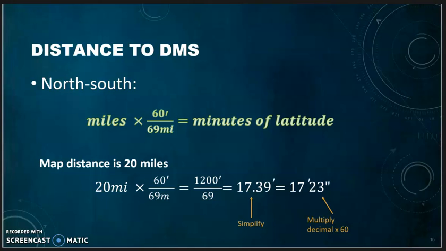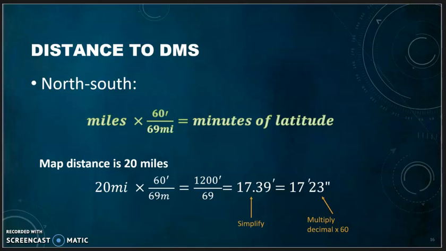Let's go over distance to degrees, minutes, seconds. We're working with north to south right now. Our formula is miles multiplied by 60 minutes divided by 69 miles, and that gives us our minutes of latitude. If our map distance is 20 miles, we'll have 20 miles times 60 minutes divided by 69, which gives us 1,200 minutes over 69.